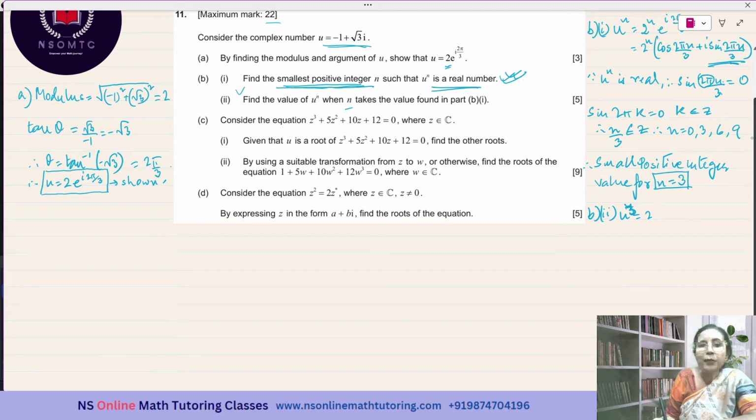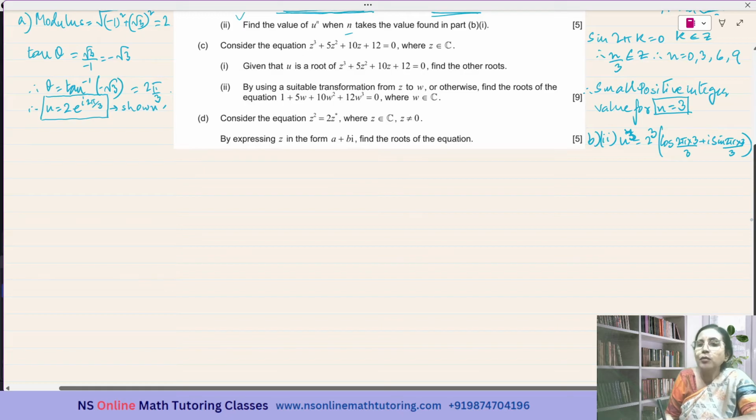In place of n, I am writing 3. So u to the power of 3 is equal to 2 to the power of 3 times cos 2 pi times 3 over 3 plus i sine 2 pi times 3 over 3.